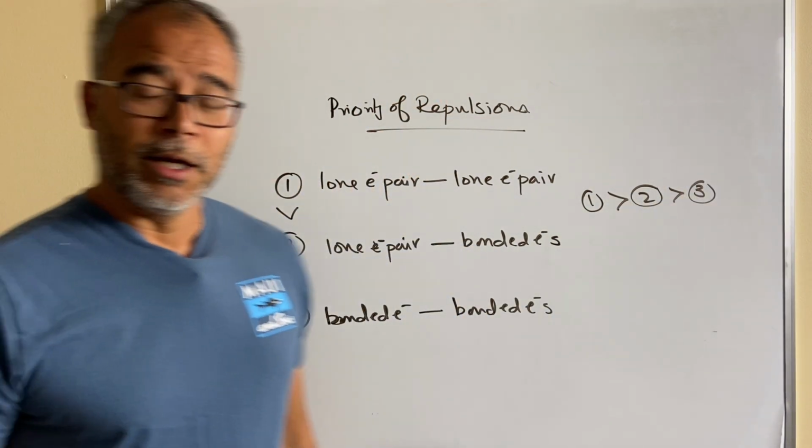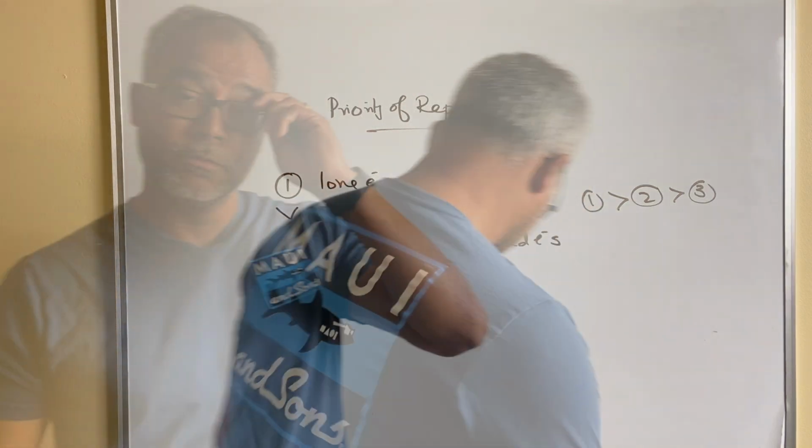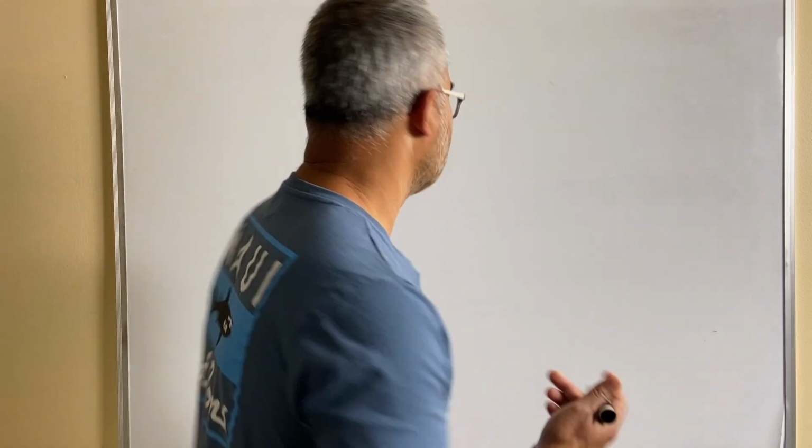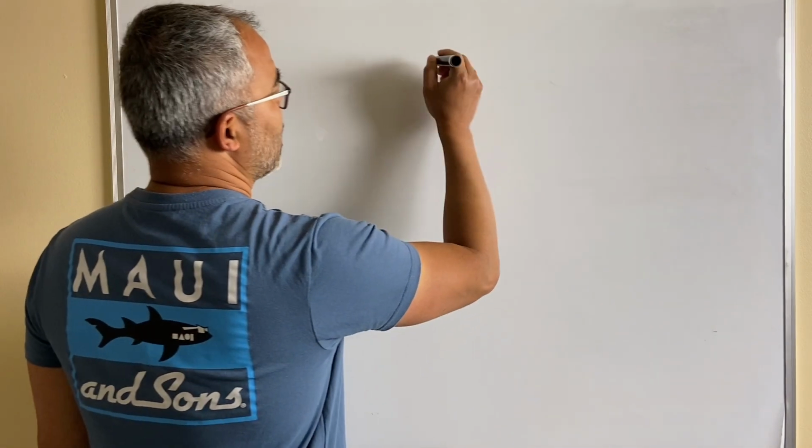All right. Let's just get right into it. So far we've been talking about the central atom. Now we need to understand electron geometries around the central atom. To understand that, we need to understand what constitutes an electron group around the central atom. So what's an electron group?